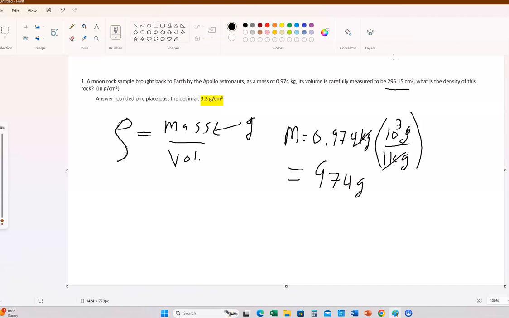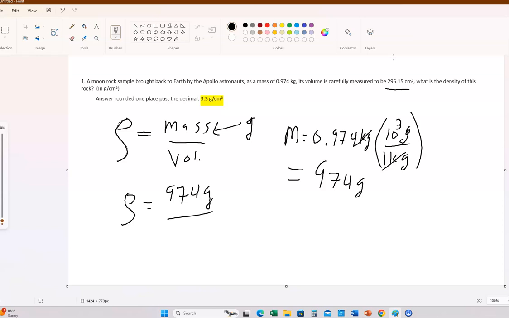And then now the density of this is going to be equal to the mass in grams, which is 974 grams divided by the volume, which, by the way, usually you have to calculate the volume, but in this particular case, it was given to us.